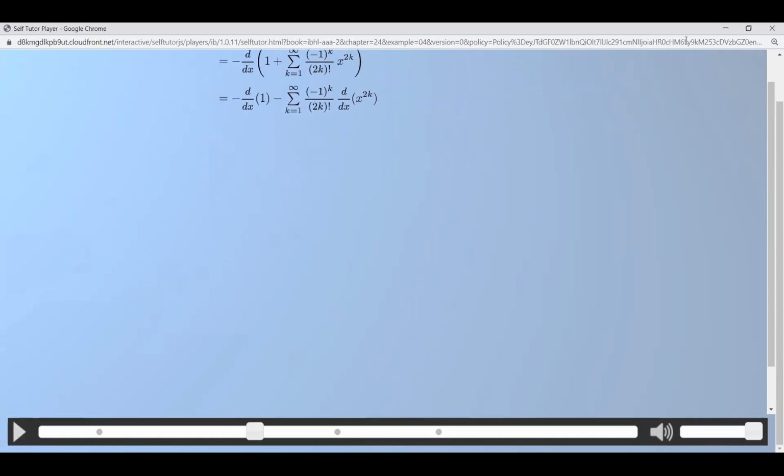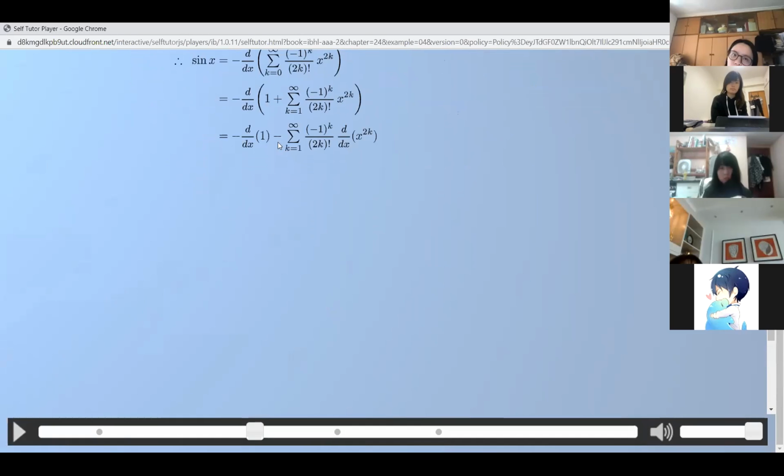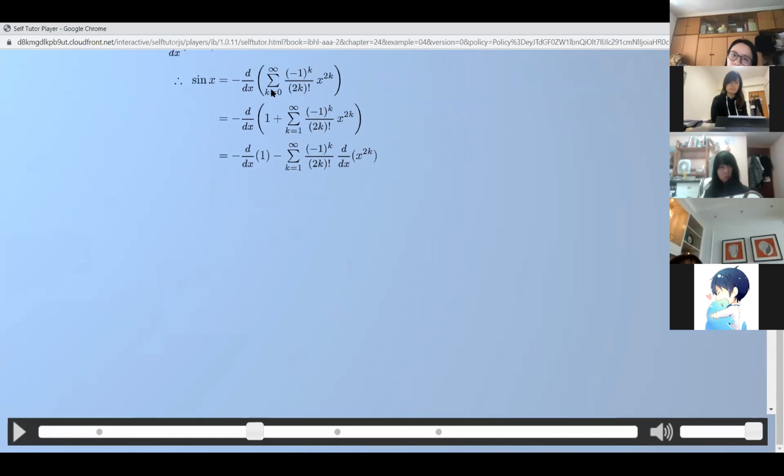I hope everybody understands what has been done here. First of all, notice that the sigma notation was starting from 0 here. Now it changes to 1 because the first one has been removed. That's first. Second, when you're differentiating term by term, the derivative of a sum is the sum of individual derivatives, right?